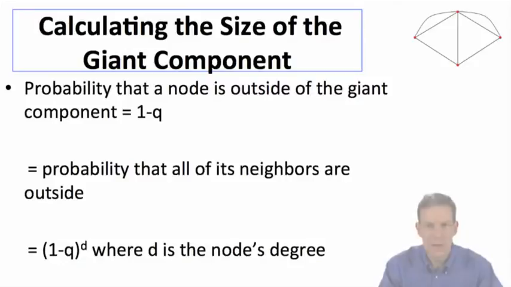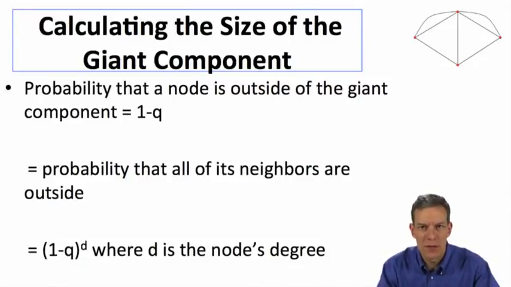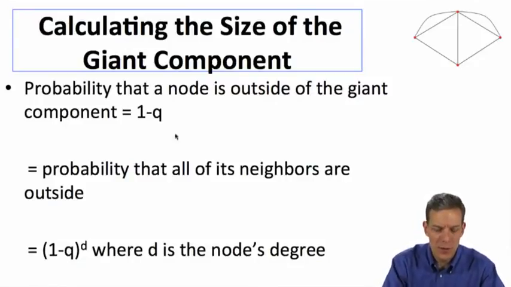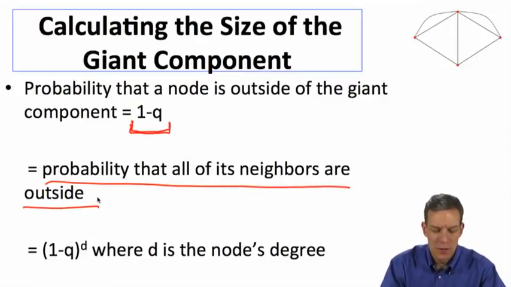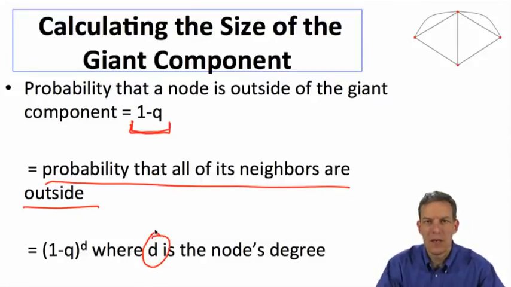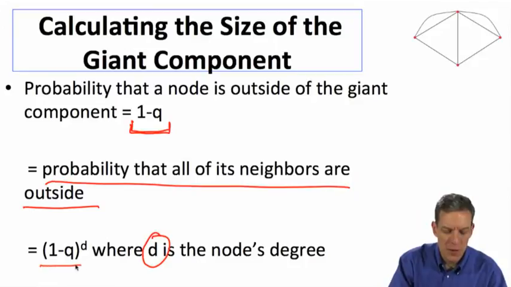So the probability that a given node is outside the giant component, so it's not in the giant component, is 1 minus q, since q is the probability that it's in there. But that's also equal to the probability that all of its neighbors are outside. So if the node has degree d, if it has d neighbors, then the chance that each one of those is outside of the giant component is 1 minus q.